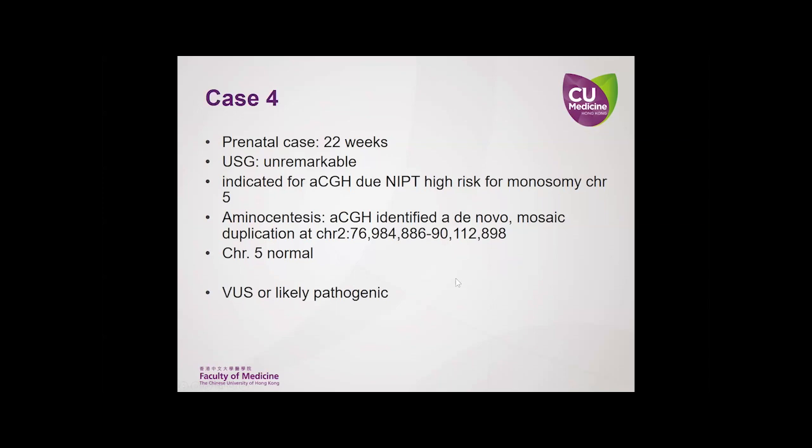But if we do not have that kind of backup evidence at our antenatal period, we still need to explain to the patient that for this VUS, there is still a possibility that it could be reclassified as likely pathogenic or benign in the future. So in that case, you are not offering the family a very exact prognosis, but that is the fact that we cannot do that at this juncture.